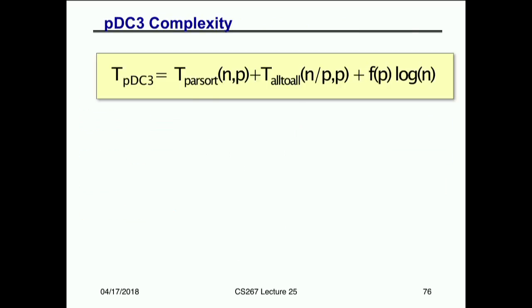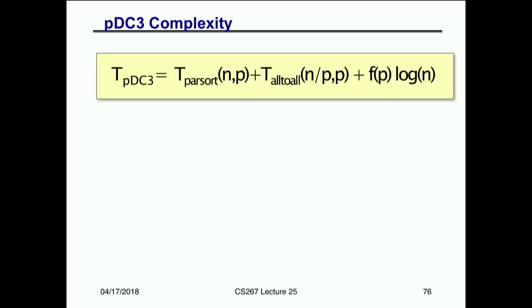What you get is T(DC3) is parallel sort plus all-to-all plus some bottleneck that I have to do for bookkeeping. And it's implementation defined. It needs to be at least log p. There's no way to get around the log p barrier in PRAM. The original implementation, DC3, was worse than log p, way worse, p squared log p, something like that.